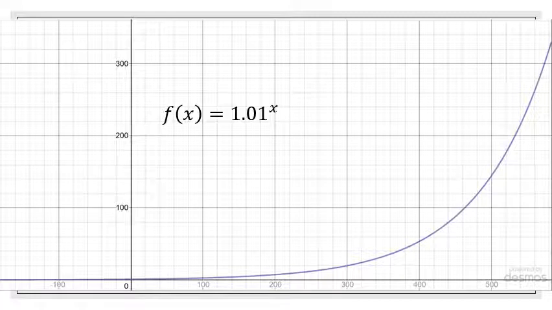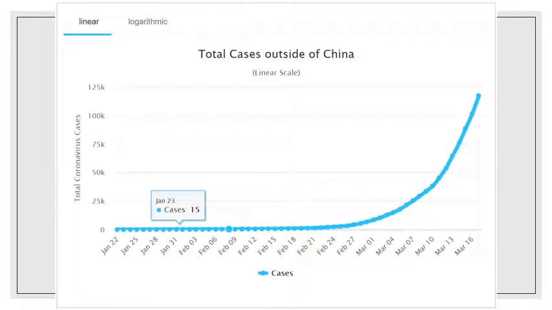And this graph here should remind you of some that we've seen in the news recently. So if you have a look at the next slide, you can see here that this is the total cases of COVID-19 outside of China. And you can see the relationship between the two graphs very clearly. So when it comes to the growth of viruses or the movement of viruses, you can actually model that using exponential functions.